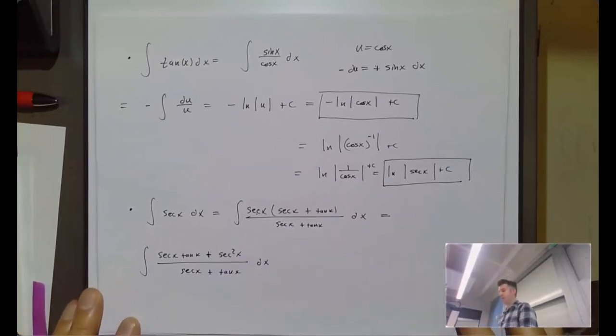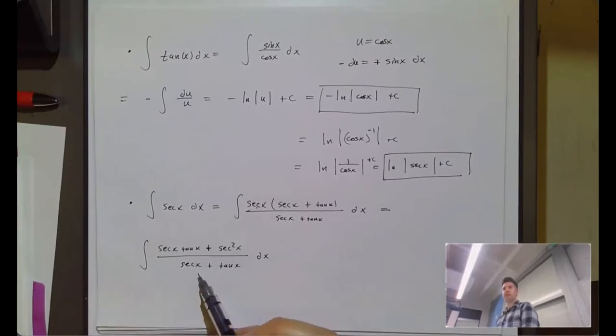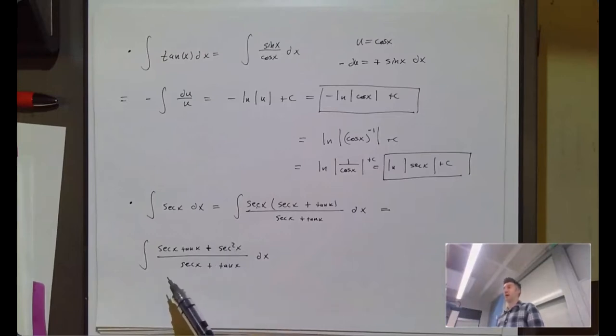And now we have a really nice choice for u. What's the derivative of secant? Secant tangent. What's the derivative of tangent? Secant squared. So look, the top is exactly the derivative of the bottom.